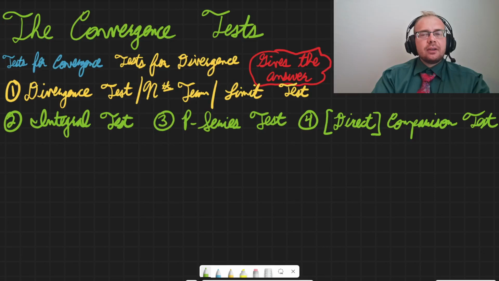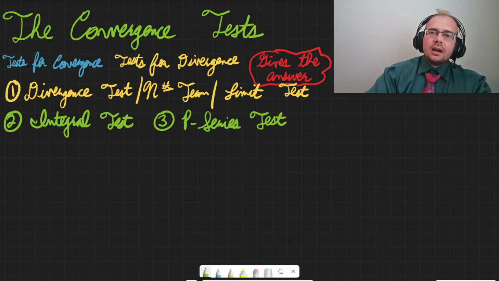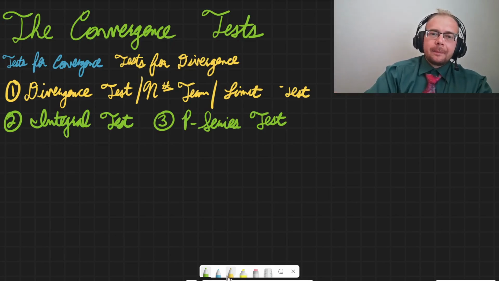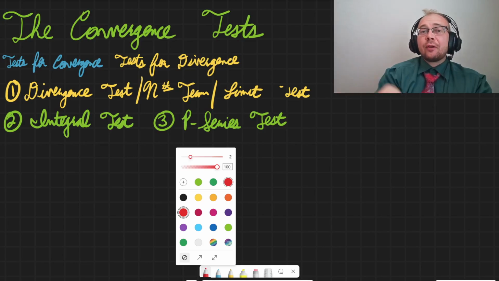Convergence, divergence. This actually doesn't test for either one. So I'm going to change the color of this. Instead of red being giving the answer, let's have that be a different shade of blue maybe. Because red, I think, would be the right color for tests for neither. Tests for both would be green, right?